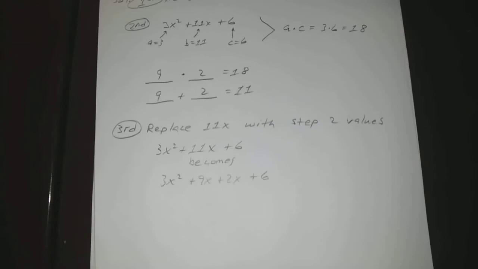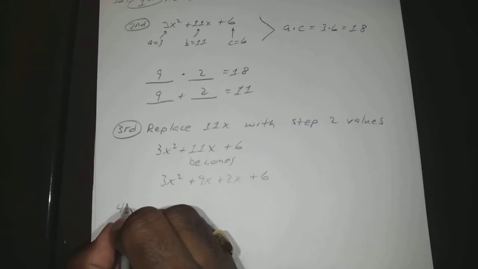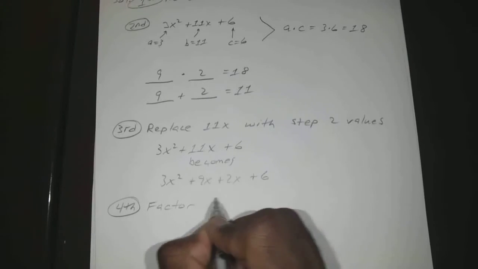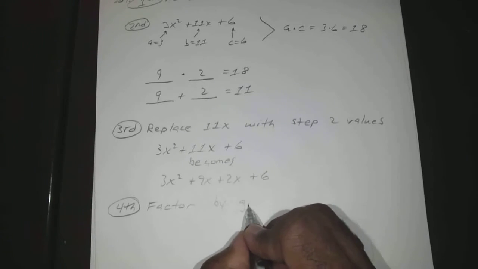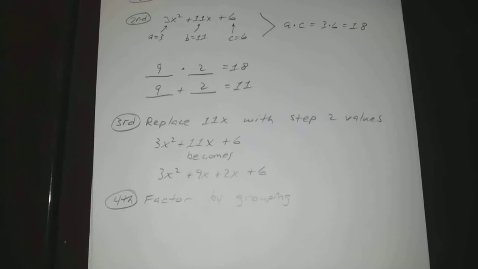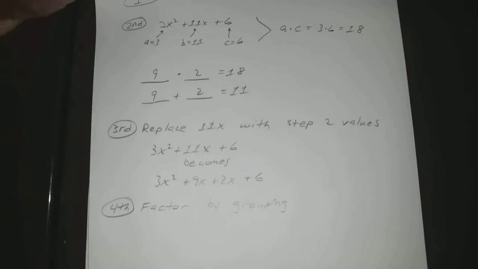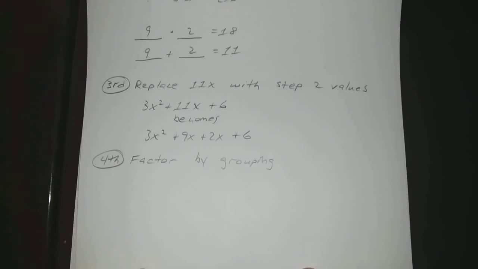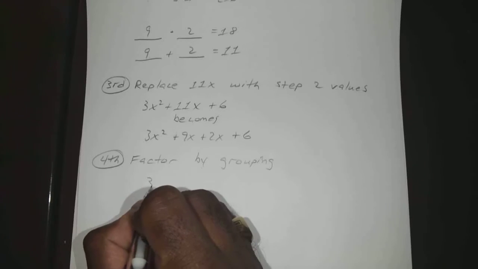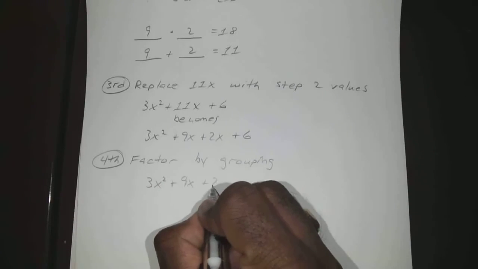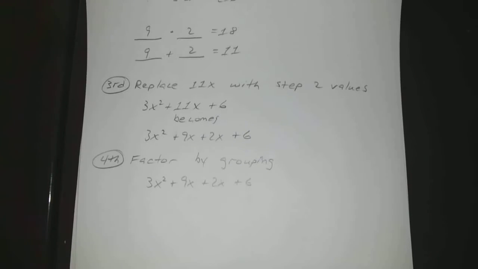Just replace 11x with 9x plus 2x. Okay, so now you do the factor by grouping. So your 3x squared plus 9x plus 2x plus 6.